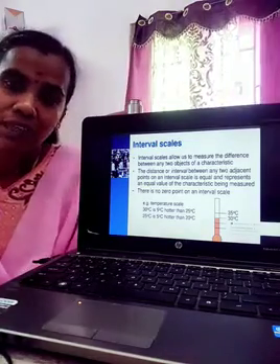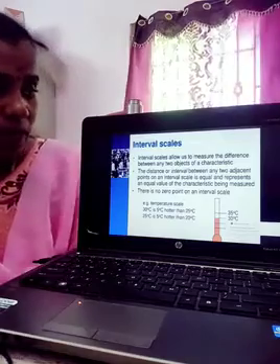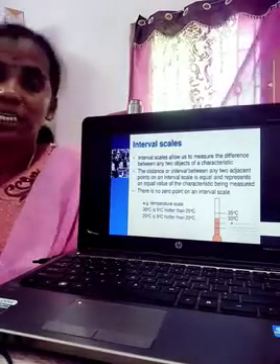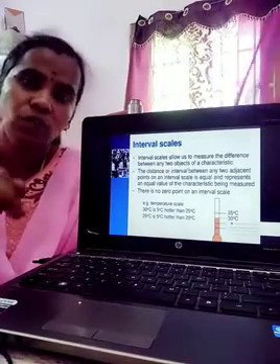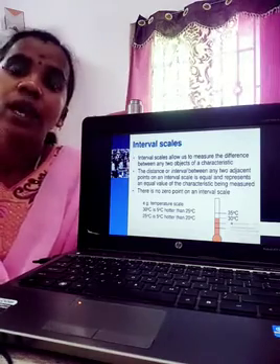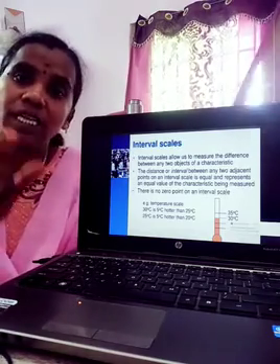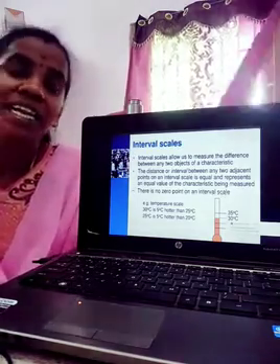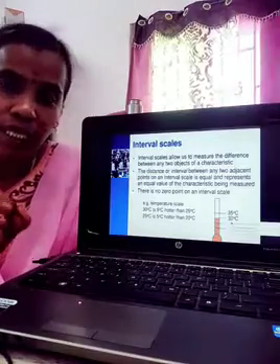Like that they will have the interval. That is how they maintain the interval scale. In interval scale there will be a name, ordering, and interval. In ordinal scale they maintain only the name as well as the order. And in nominal scale they have only the names.